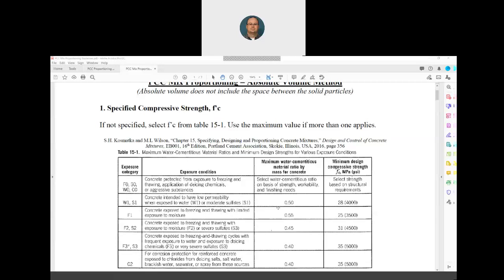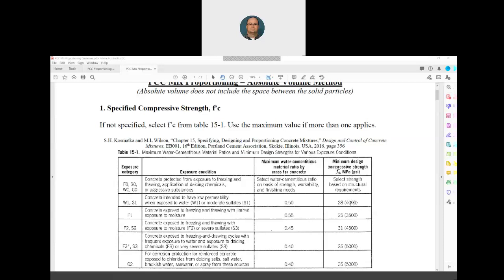We want our maximum water cement ratio to be 0.50 and our minimum design strength to be 4,000 pounds per square inch. See, PSI is in the parentheses. If I need a design strength of 4,500 pounds per square inch but my exposure level only requires 4,000, I would choose the 4,500.